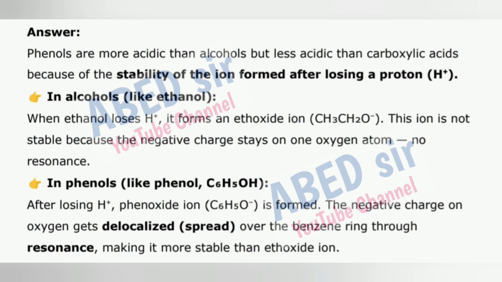In phenols, like phenol, C6H5OH, after losing H+, phenoxide ion, C6H5O-, is formed. The negative charge on oxygen gets delocalized, spread over the benzene ring through resonance, making it more stable than ethoxide ion.